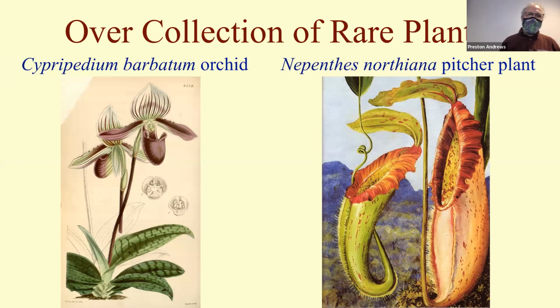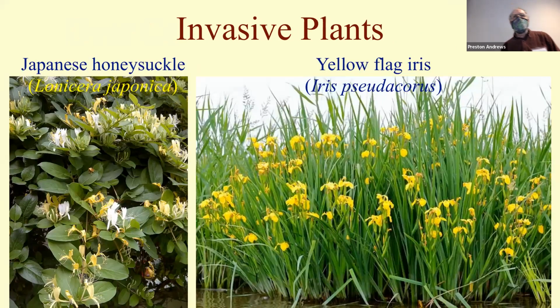This orchid on the left is what's called a Venus, not a Venus flytrap, but a Venus slipper orchid. This is a pitcher plant, also beautiful. These carnivorous pitcher plants are amazing, but now very endangered in the wild. Another tragedy, invasive plants.